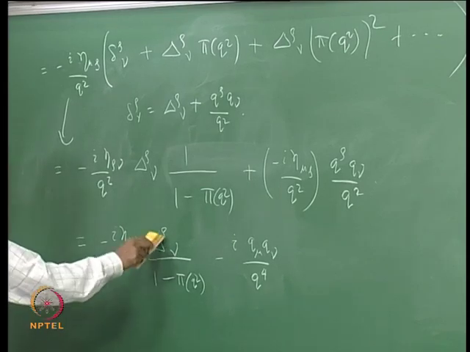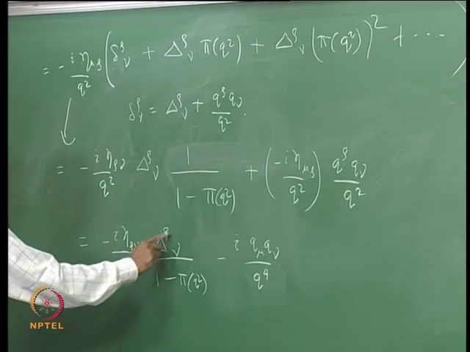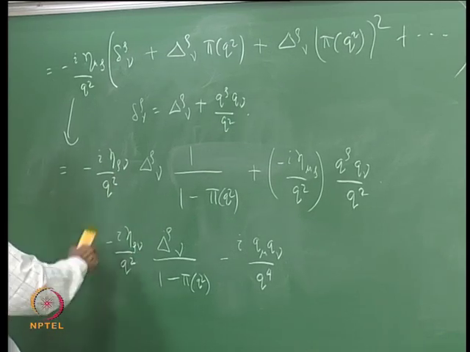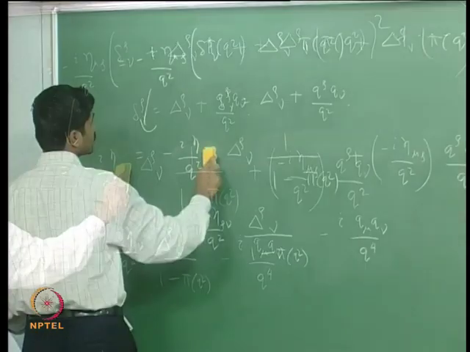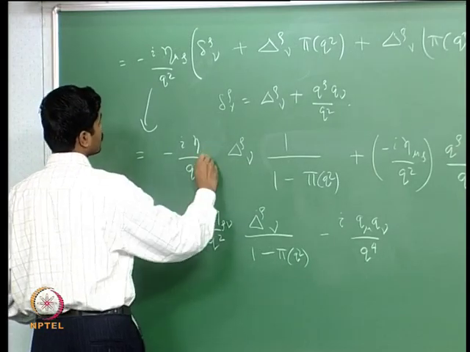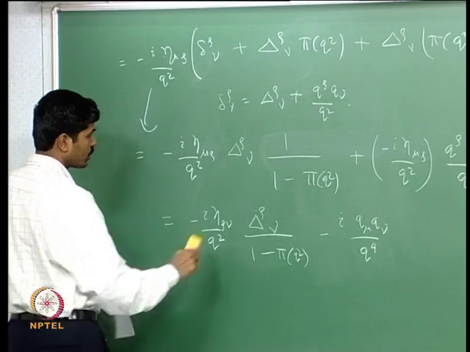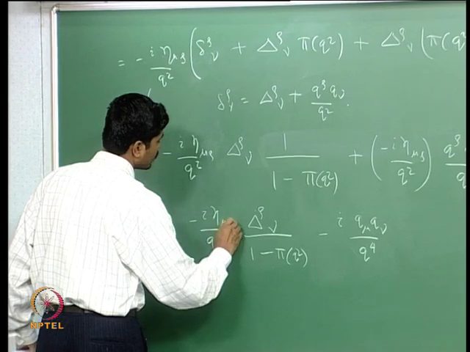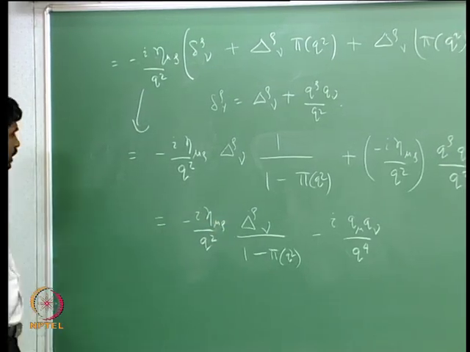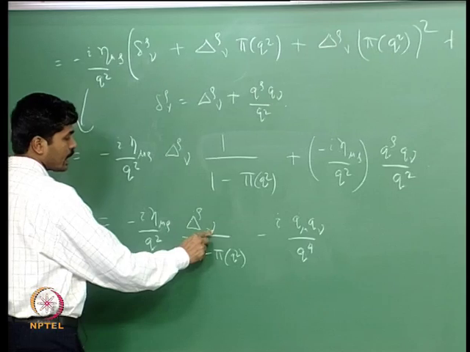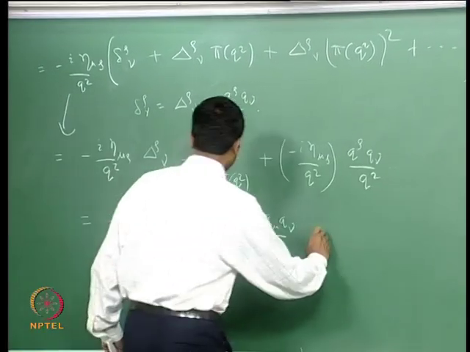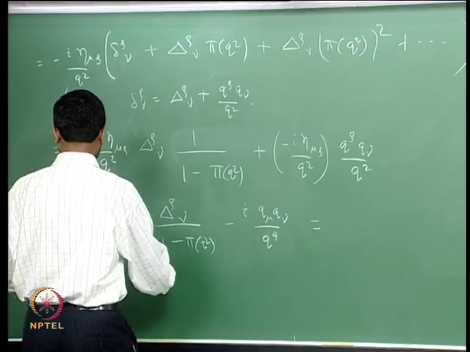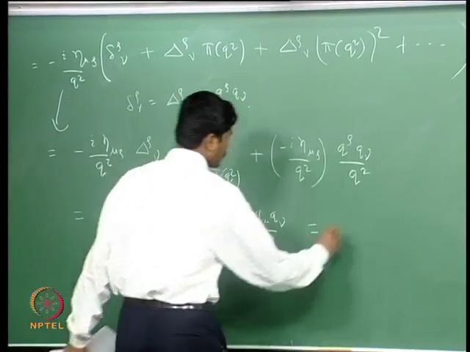I can simplify this eta rho nu if I multiply it with, sorry, it is eta mu rho, it is not eta rho nu, it is eta mu rho. So, I have a eta mu rho in this term. If I multiply eta mu rho by delta mu nu, what I will get is simply, I take minus I over q square times 1 minus pi of q square.